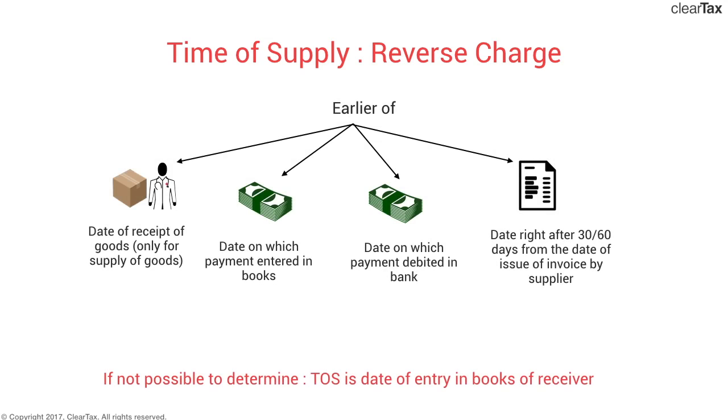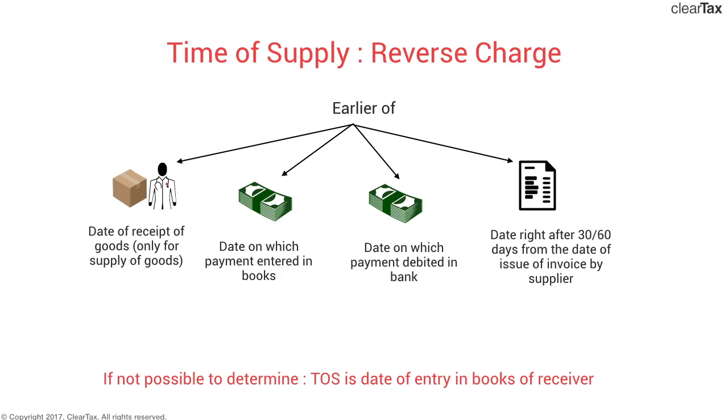For reverse charge, it would be earlier of date of receipt of goods in case of supply of goods, or date on which payment is entered in books, date on which payment is debited in bank, or date right after 30 in case of goods, or 60 in case of services, days from the date of issue of invoice by the supplier. This was the time of supply under reverse charge.